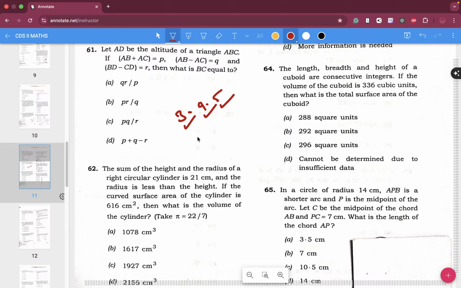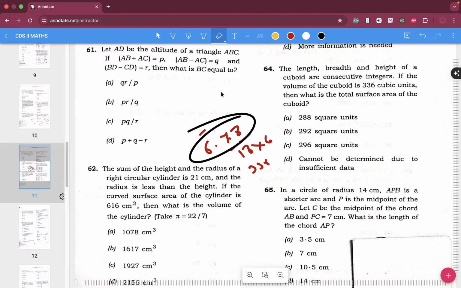Let's say 5, 6, 7. 7 into 6 is 42, 42 into 5 is only 210. How about 6, 7, 8? 56 into 6 is 336. So you have to think through it. 6, 7, 8 are the length, breadth and height of the cuboid.